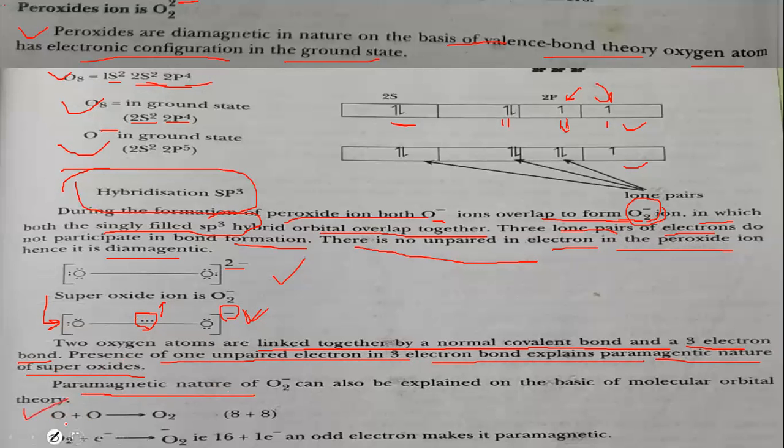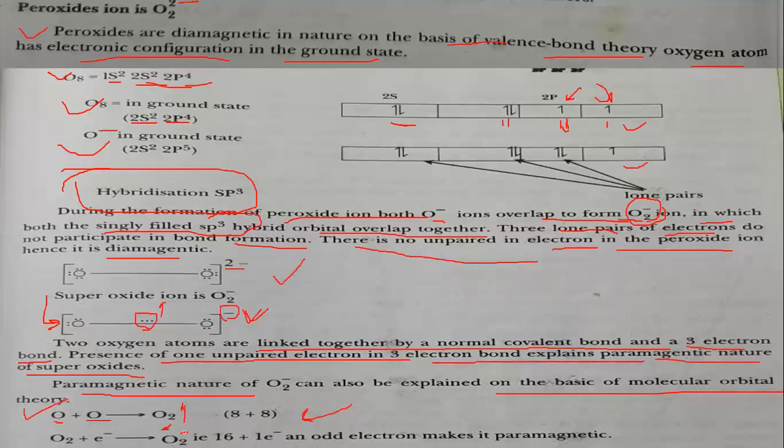See here, one O atom and another O atom combine together to form the O2 molecule. And this is on the basis of molecular orbital theory. Now the O2 molecule takes 1 more electron, so it forms O2 minus. The minus should be on this side, a printing mistake.